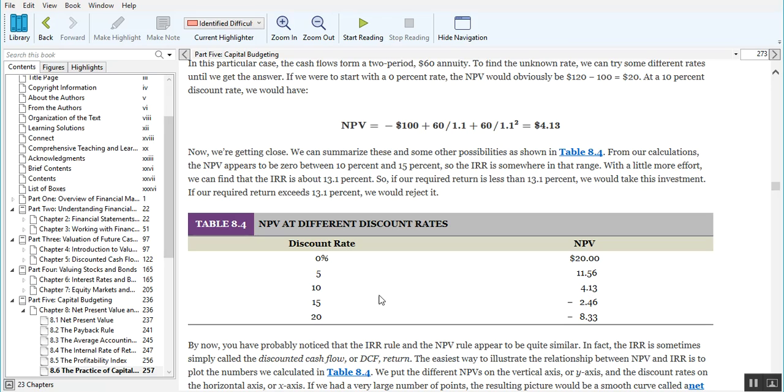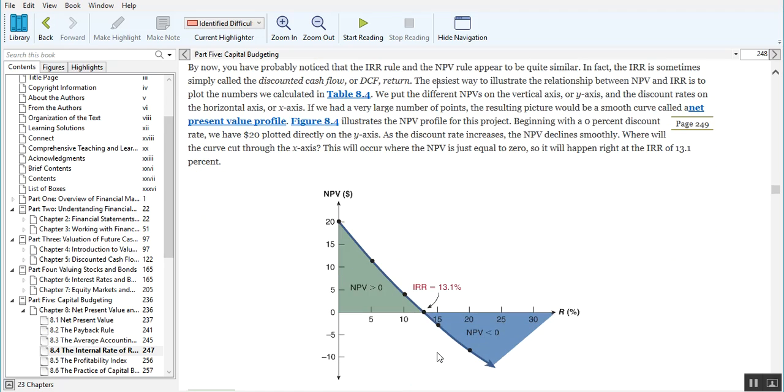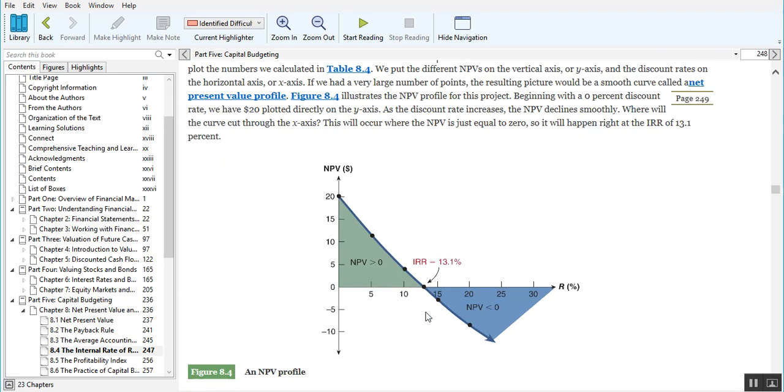We know that the net present value should be zero, so the discount rate should be somewhere between 10 and 15%, and basically it's at best an approximation, but it's going between those two. Now you see here, by graphing it out, the internal rate of return is 13.1%.